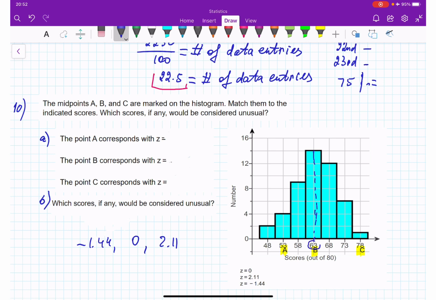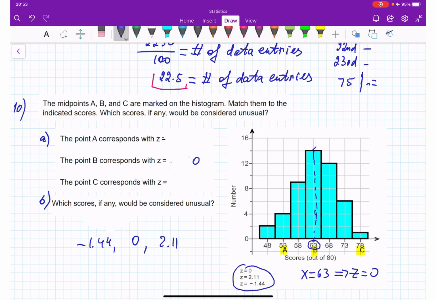We have here 63, so for x equal to 63, the z-score is 0, because you are right in the middle. That means this is the mean, the median, and the mode. So for point B, it's going to be 0.